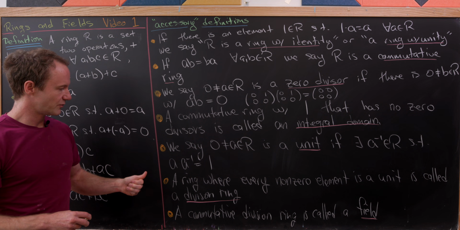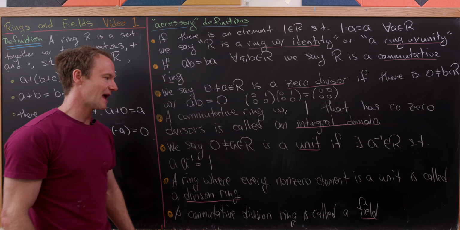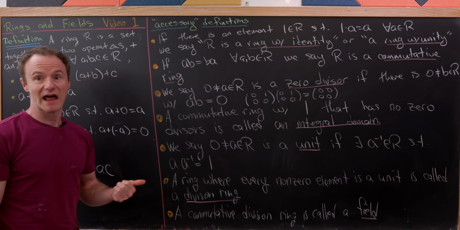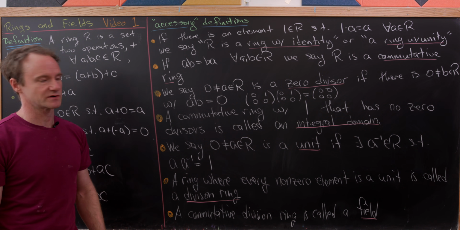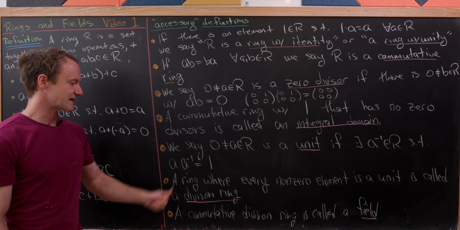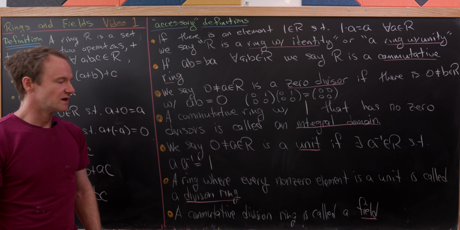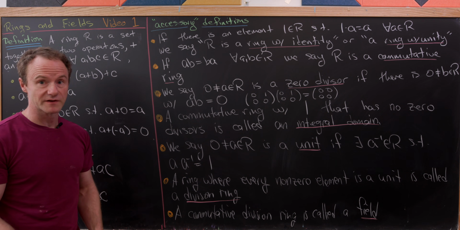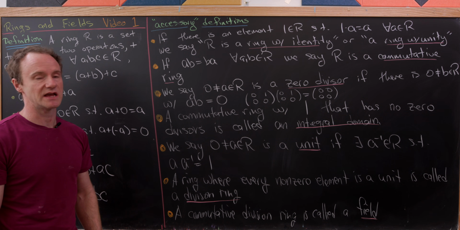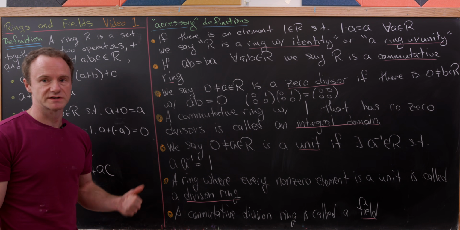So next up, we've got this definition of a unit. So a non-zero element A is called a unit if it has a multiplicative inverse. So in other words, if there's this element A inverse in R, where A times A inverse is equal to 1. And so let's observe that, for example, the rational numbers, everything except 0 is a unit. So like 3/4 is a rational number and 4/3 is a rational number.